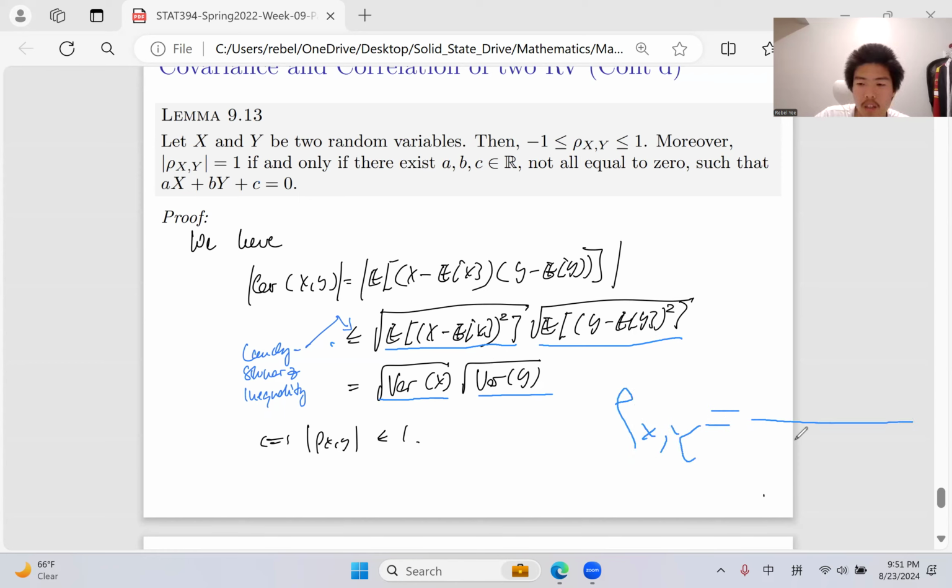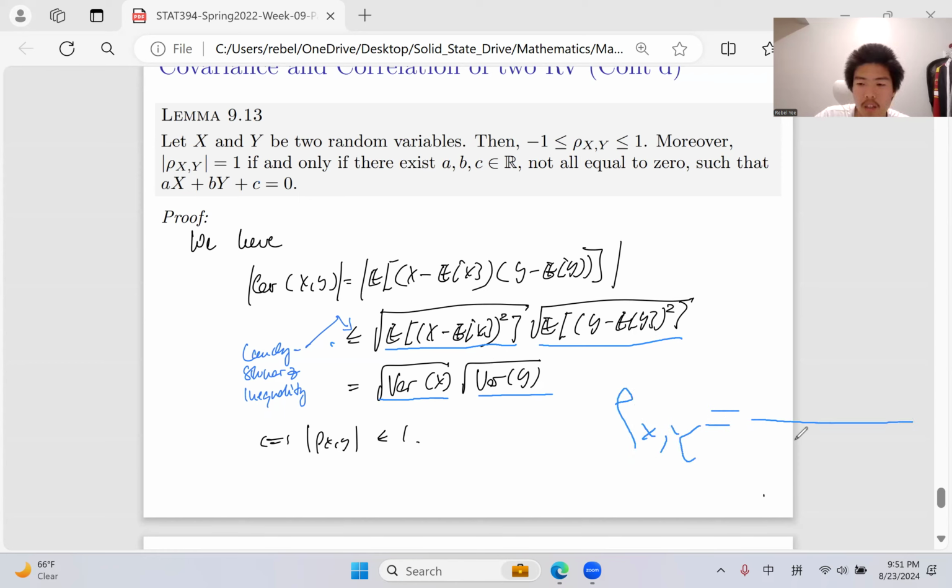And similarly, there's also a special case regarding this inequality: when the equality holds, which means the correlation coefficient is equal to 1. And this only happens when a times x plus b times y plus c is equal to 0. So we'll show that the correlation coefficient is equal to 1 if and only if this occurs, right?